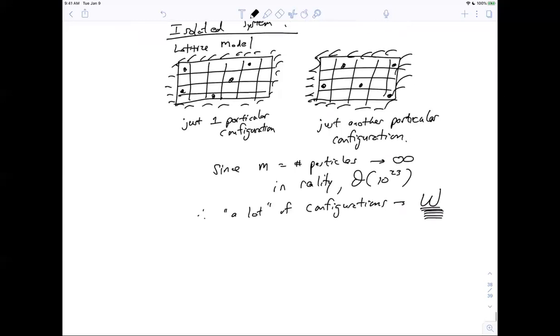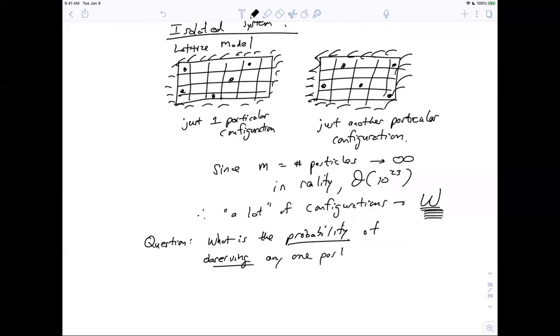So the question now is, what is the probability of observing any one particular configuration out of the W possible configurations?